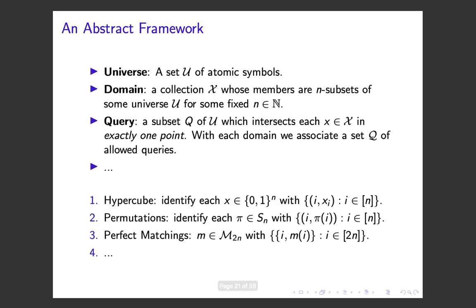And one can do a similar thing here for perfect matchings, where instead of a two tuple, we have a two set, and M of I just is the partner of I in the matching M. Okay, and so I think you get the idea here, but this framework allows us to capture many different combinatorial domains, and we'll only consider these three in this talk, but see the full version of the paper for other domains as well.